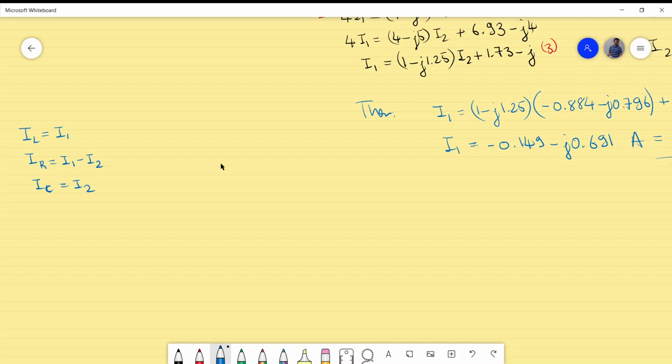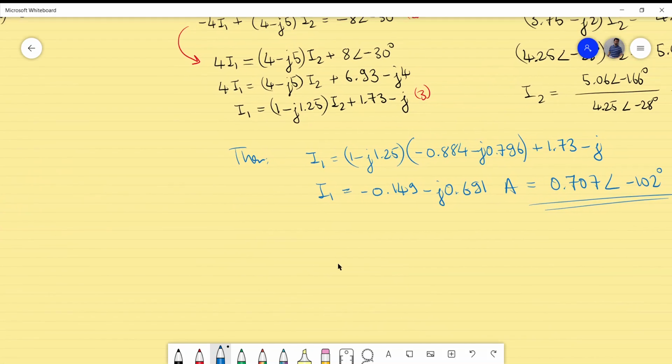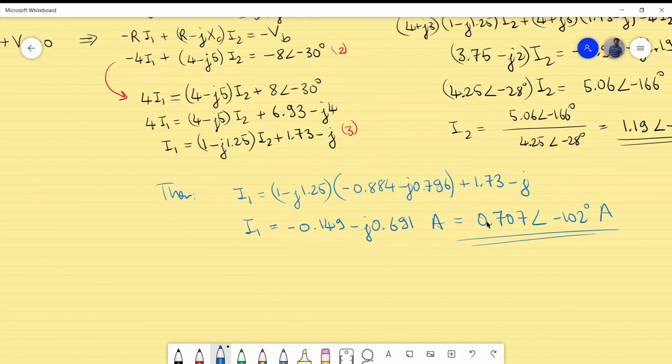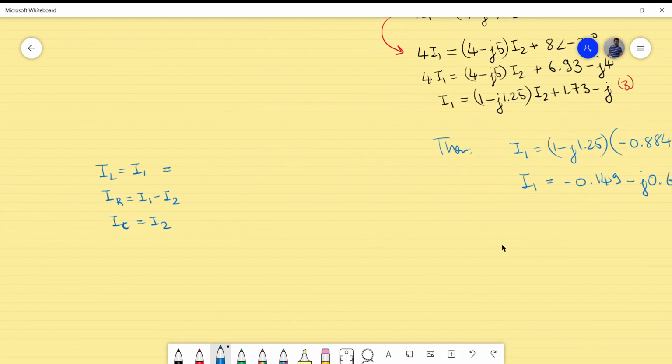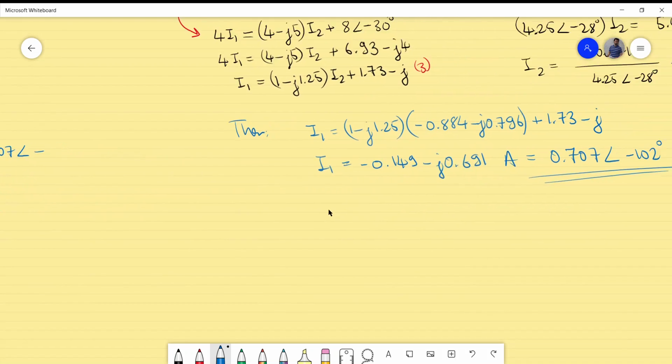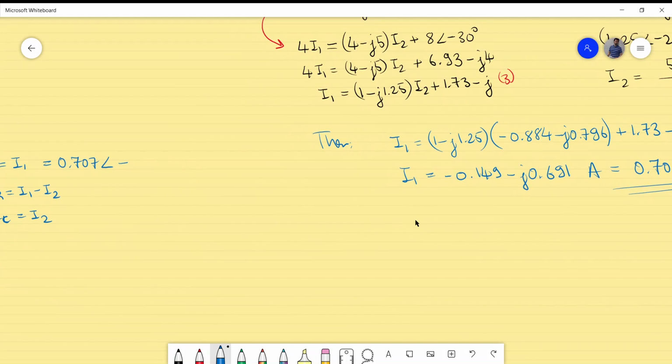So if I now write down IL, what is IL? IL is just I1. I will use the phasor notation, so for I1 I will take this, 0.707 with a phase of minus 102 degrees.